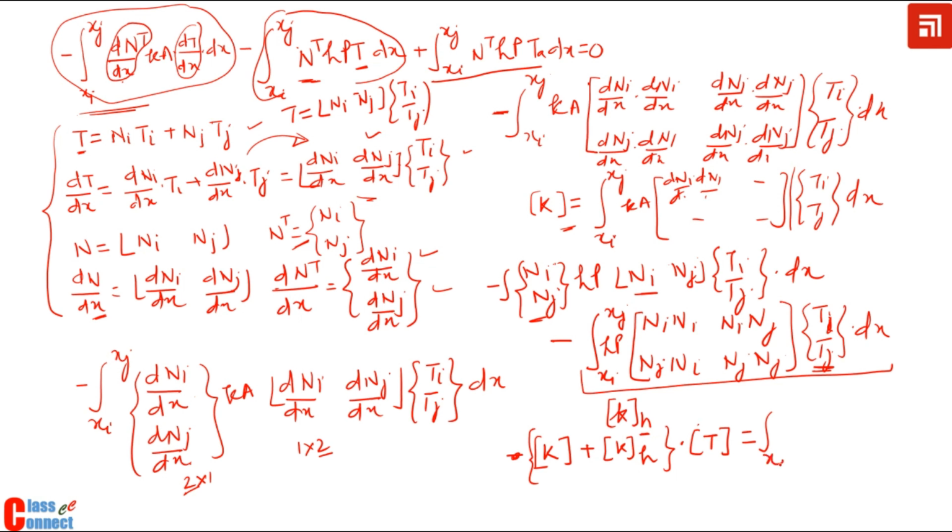This will be simplified in our next slide, that is xi xj N transpose h P T A dx. So this is just one step before our finite element formulation. So we will be simplifying this and writing it in terms of the finite element formulation.